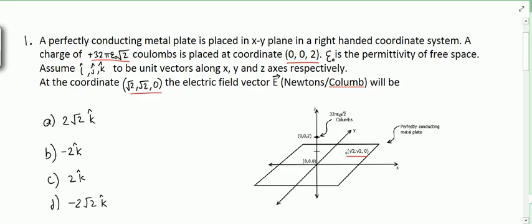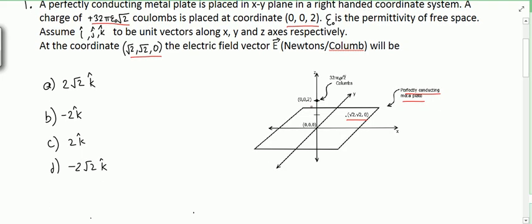So we have to find the electric field at this point due to this point charge. But here this is a perfectly conducting metal plate, and when a charge is placed like this with a perfect conductor metal plate, we have to apply image theory.